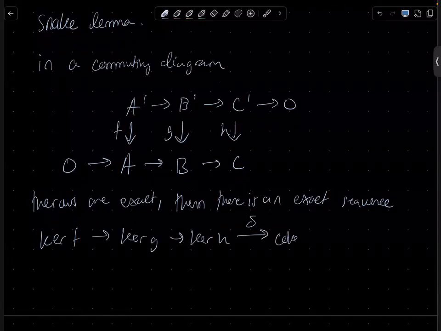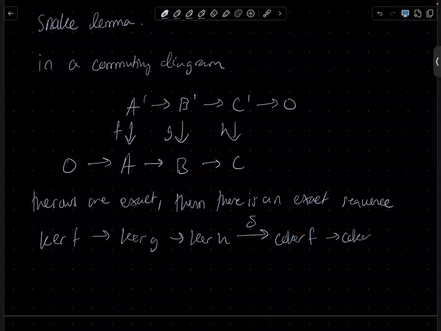And there's cokernel of F, cokernel G, cokernel H. Right. So this forms an exact sequence, and there's some other facts as well, like if you can prepend and append 0 here, then you can also do the same thing here. But okay.